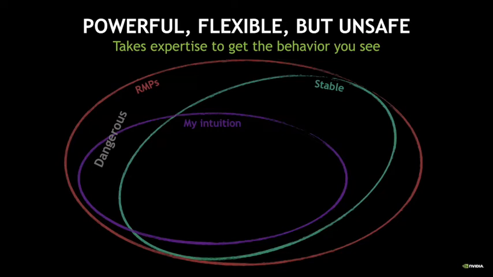But in trying to get these to unexperienced users who want safer tools but want the flexibility and the power of this tool set, we need to really analyze that class of stable RMPs. So a lot of the theoretical work we've been doing has been in trying to characterize what are the set of stable RMPs. I would characterize what we've looked into so far as actually being relatively small.